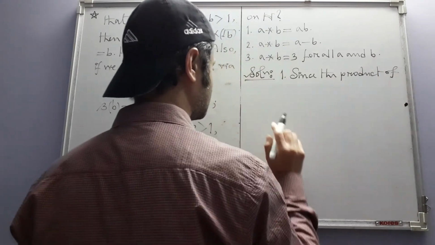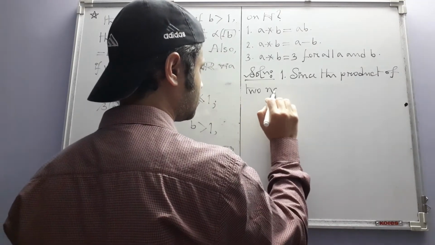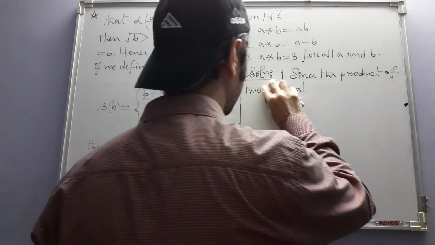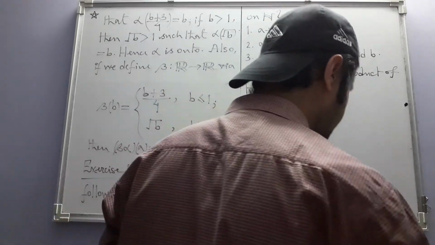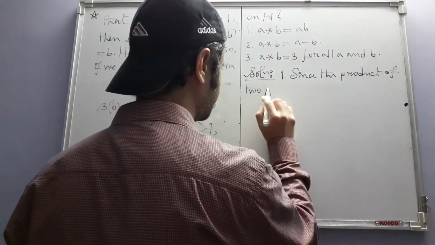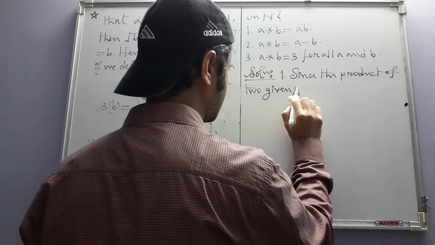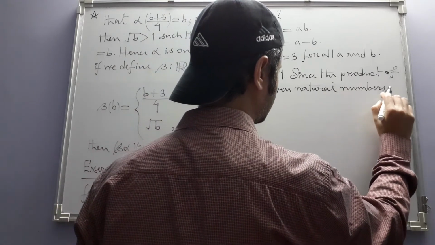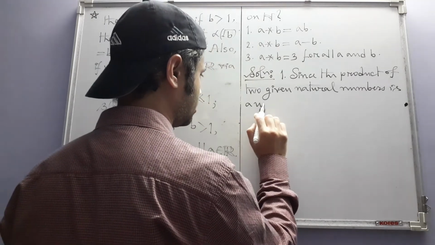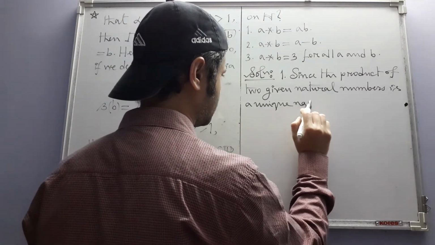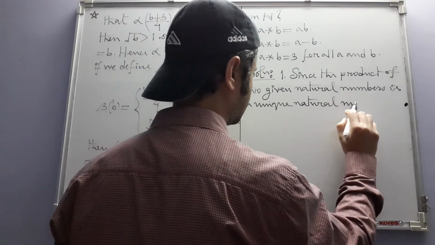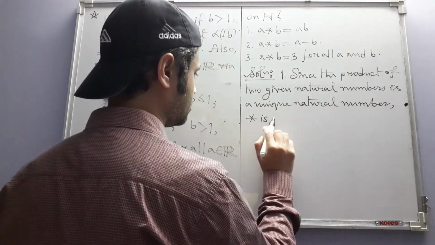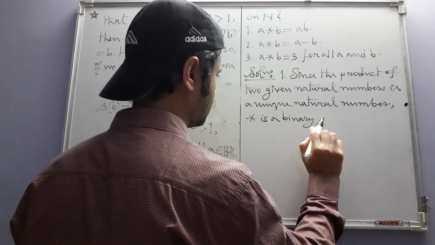Since the product of two, or in fact, in order to emphasize that we are after all talking about functions, let's write like this: since the product of two given natural numbers is a unique natural number, this is a binary operation.